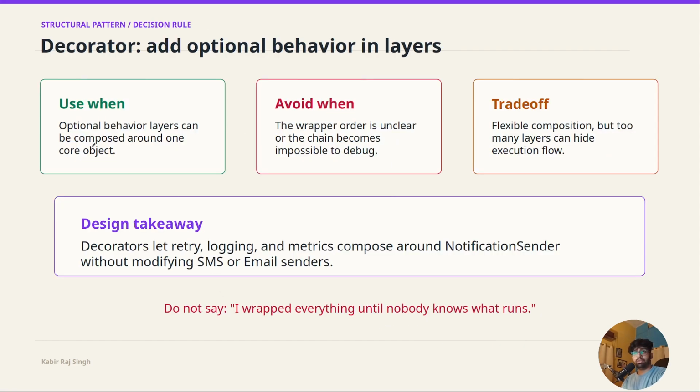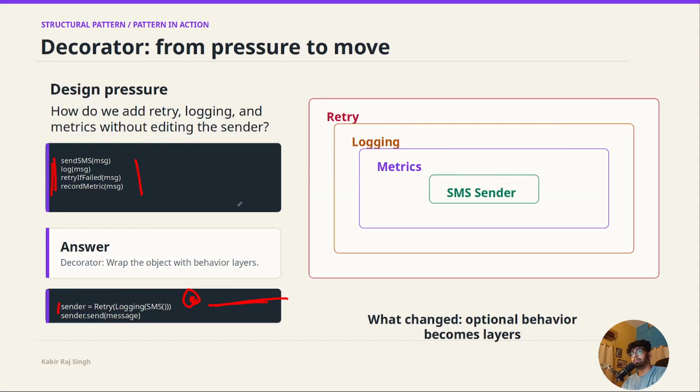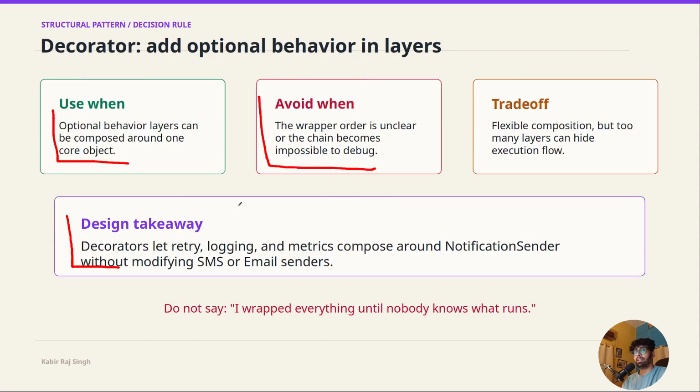Use it when optional behavior layers can be composed on one core object, and avoid it when the wrapper order is unclear or the chain becomes impossible to debug. It is a flexible composition, but with too many layers, it can actually hide the execution flow. So what I would say is that you have wrapped all of these classes with the decorators, so that the overall behavior is very understandable, and you don't need to call all of this separately.